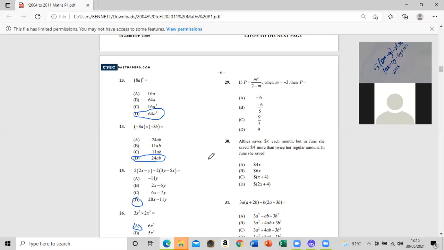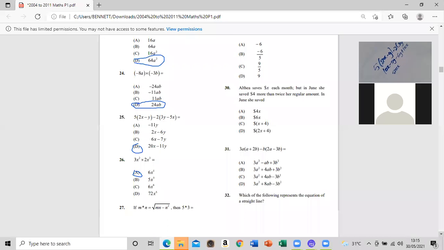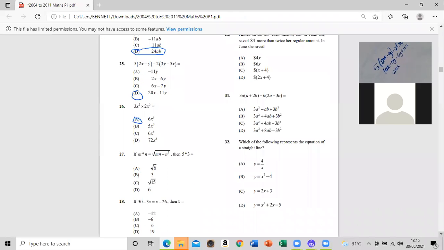And you see, guys, when the teacher says go to past papers, it's actually proven that they repeat the questions. You can see for yourself now. If m asterisk n is equal to mn minus n squared, then it will do what? 5 times 3 minus 3 squared.